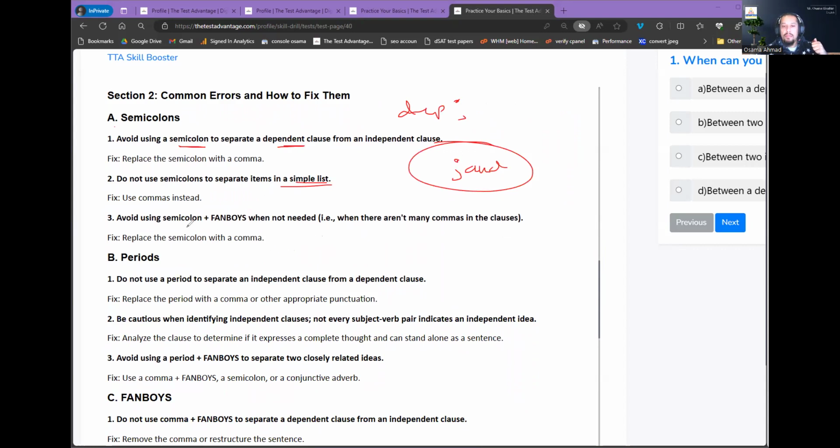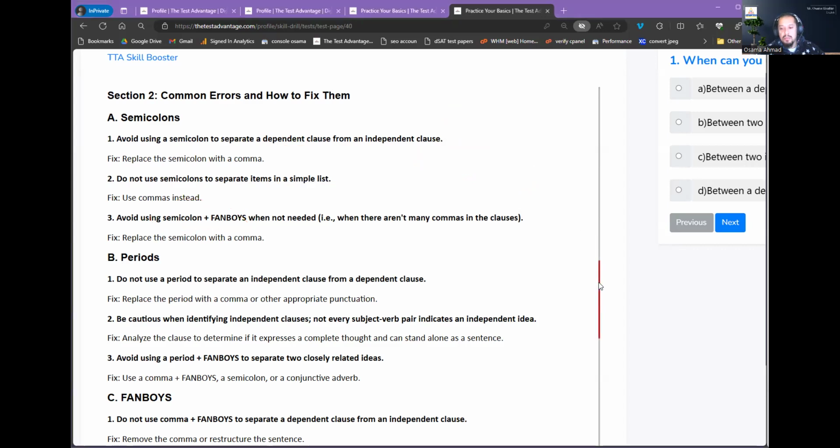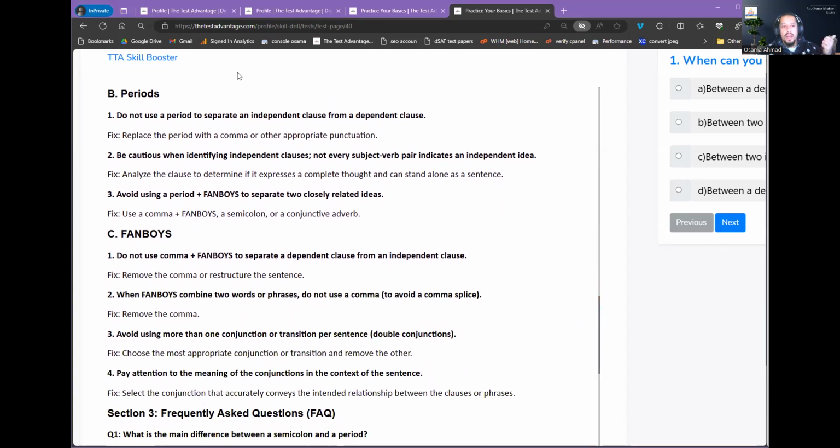And number 3, avoid semicolon fanboys, generally speaking. Okay? Periods, same things, same problems. Number 1, do not use a period to separate independent from dependent. Okay? Be cautious when identifying the independent clauses. So ده حاجة مهمة.